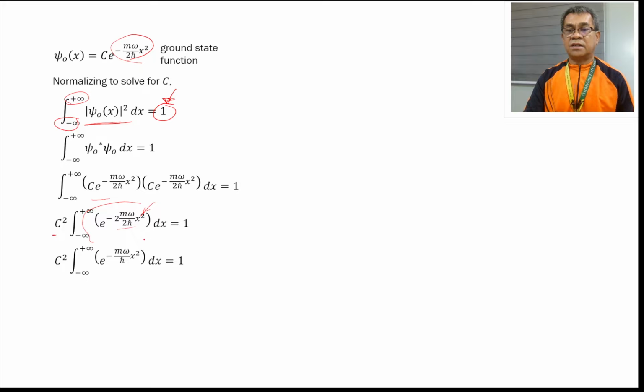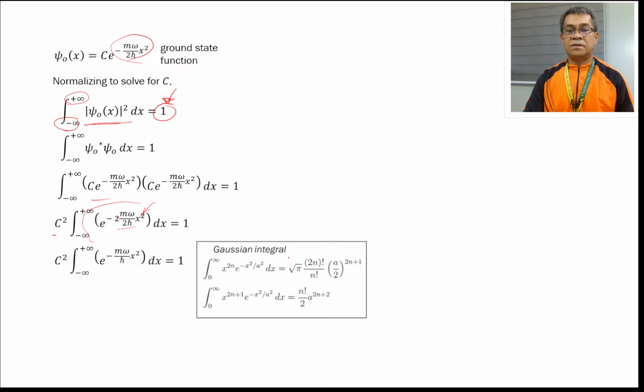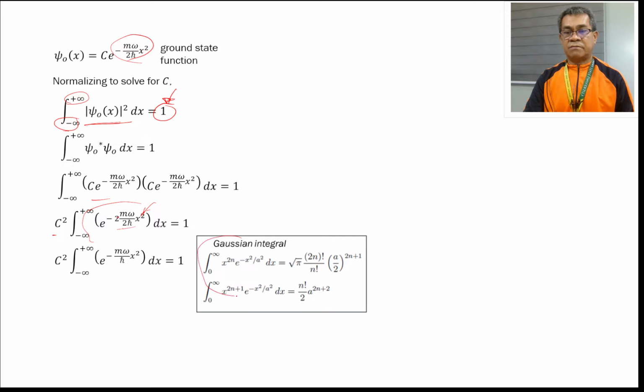So for the Gaussian integral, just remove the 2, cancel by 2, then you have to apply this. This is very important. In order to lessen your time in integration, you are actually allowed to use a table of integrals.